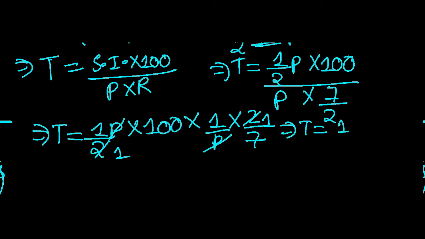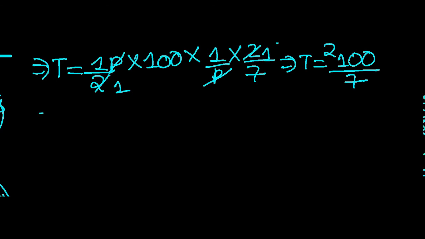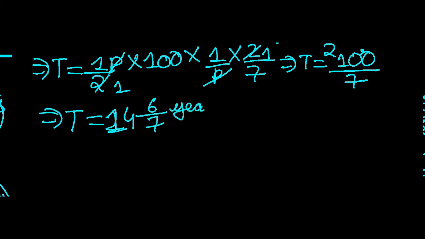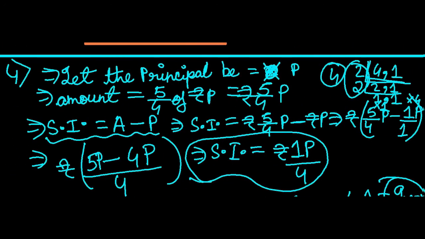Time is equal to 100/7, which is actually T is equal to 14 6/7 years, which is the answer. Okay friends, 14 6 by 7 years is the answer.